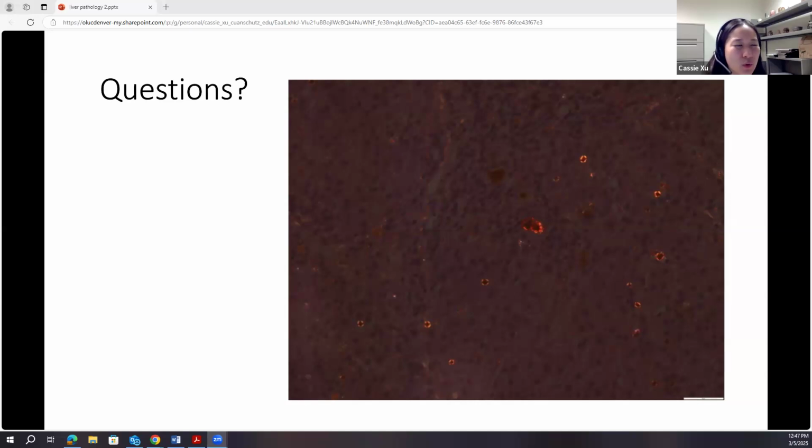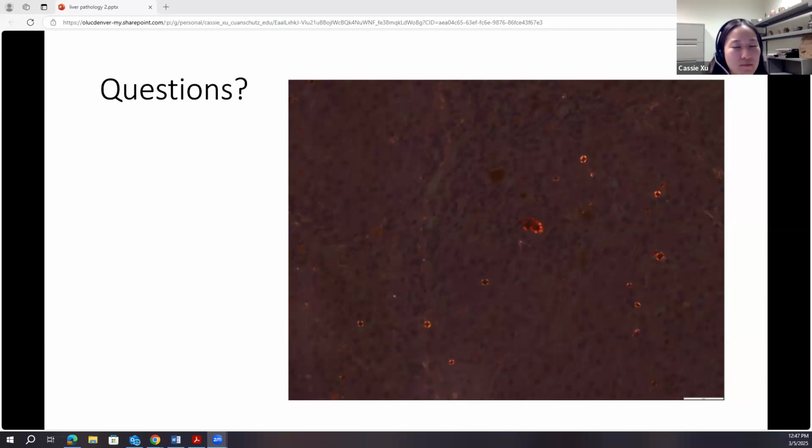And again, I was talking about the portal fibrosis stage 1 for chronic hepatitis. I think that can be challenging because it's a gestalt: you've seen so many normal livers, you have an idea of how much collagen deposition you should have in each portal tract. So you have to extrapolate that information and see if there's actual expansion of the portal tract.